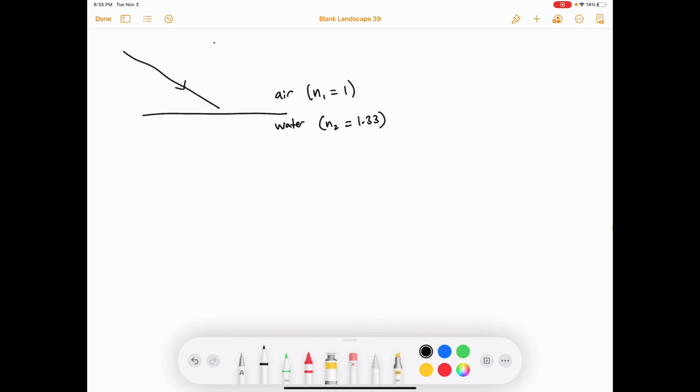We measure its angle, as always, with respect to this normal line. And then we have the outgoing wave like this. Now the idea is the incident wave is unpolarized, but the reflected wave is polarized.